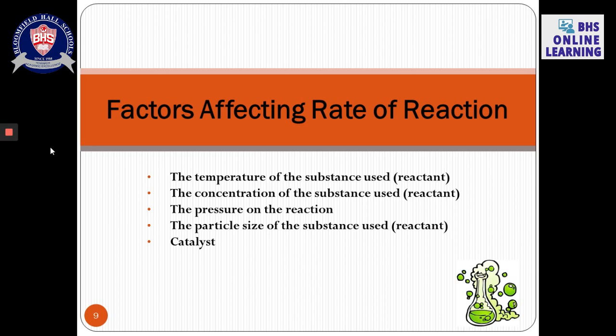These factors are the temperature of the substance used, the concentration of the substance used, the pressure on the reaction, the particle size of the substance used, and the catalyst. There are 5 factors which affect the rate of chemical reaction: the temperature, the concentration, the pressure, particle size, and the catalyst.